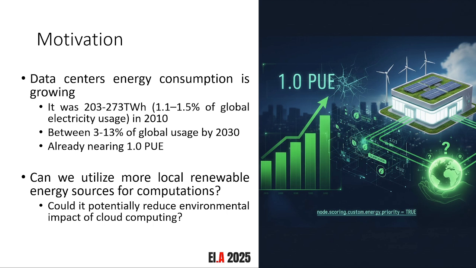And doing efficiency is not very feasible since the power utilization efficiency is already close to 1%. So the idea here in this work is let's try to maximize the usage of locally produced energy, produced with renewable energy sources.